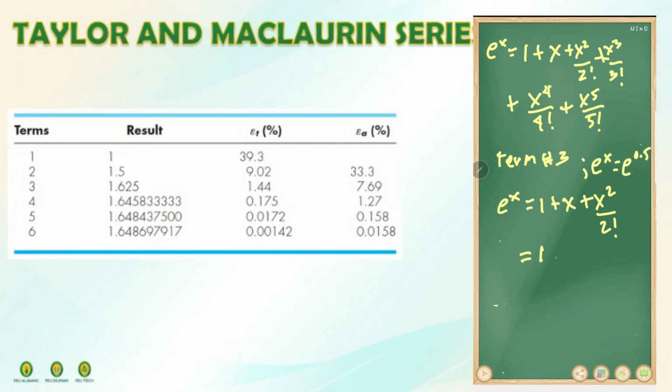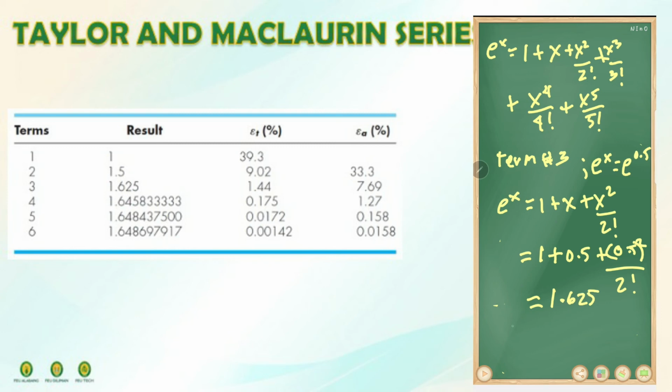So therefore, we have 1 plus 0.5 plus 0.5 quantity squared all over 2 factorial. So the result is basically 1.625, using, of course, your calculator.